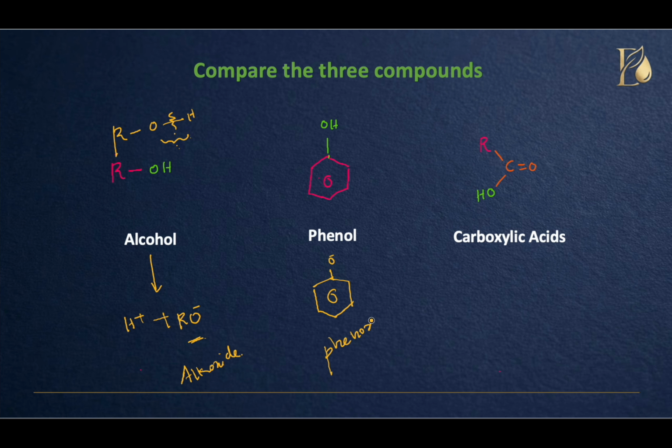Then in carboxylic acids, if you break this OH bond, you will get the carboxylate ion, that is RCOO minus. That means this is the carboxylate anion. Okay, these are the conjugate bases of these three compounds. Now, in order to compare the acidity, we have to compare the stability of these three conjugate bases.